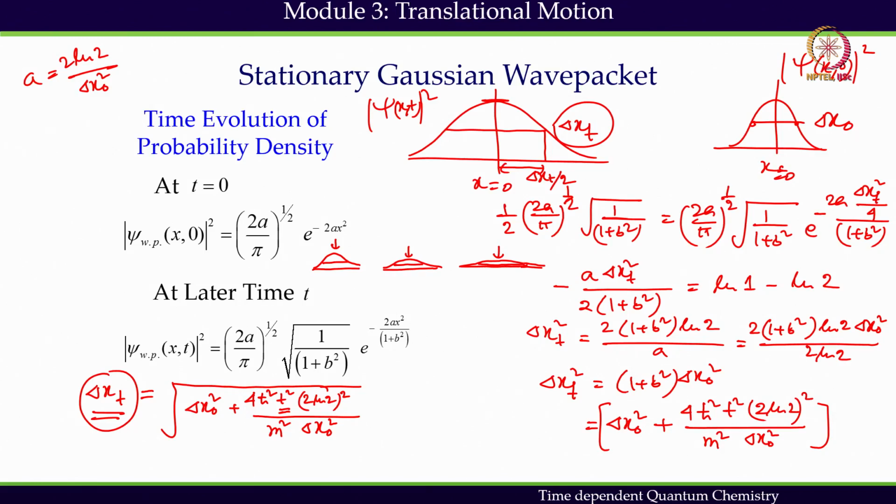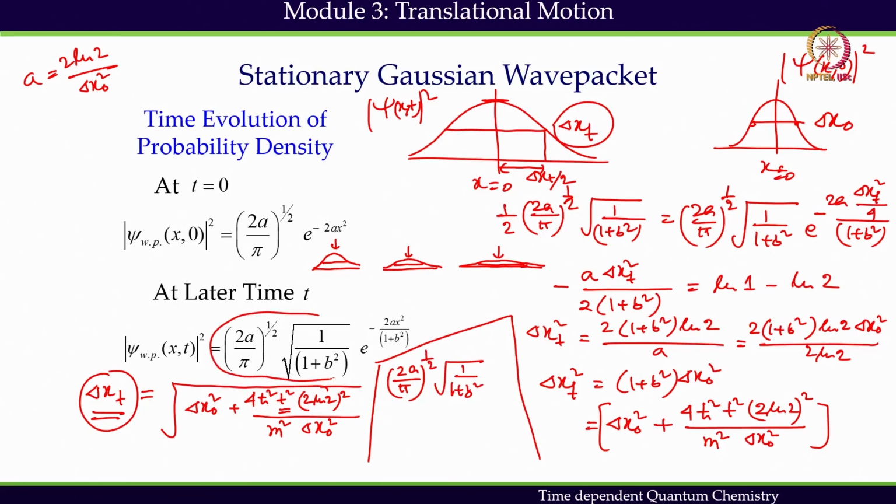Amplitude going down can also be proved, because here the amplitude is given by 2a by pi to the power half square root of 1 by 1 plus b square.